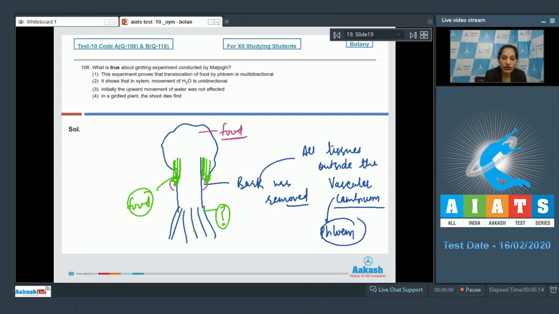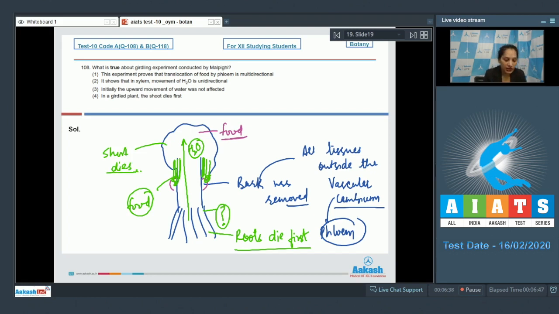Initially, because roots have their own food, the roots can do their function and they can transport water to the upper part of the tree. But after a while, when they don't get food, the roots die first. And when roots die, they cannot translocate the water, and then shoot dies.